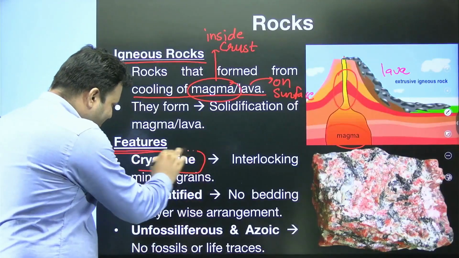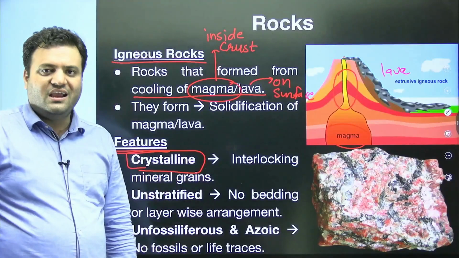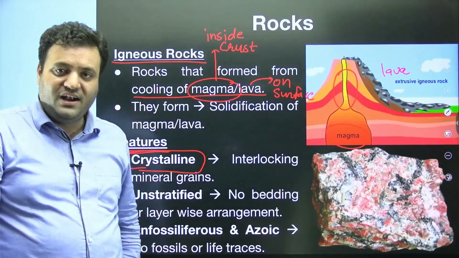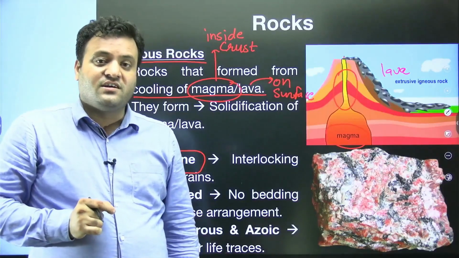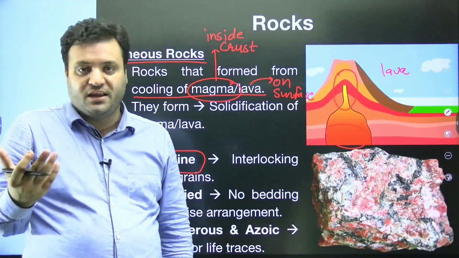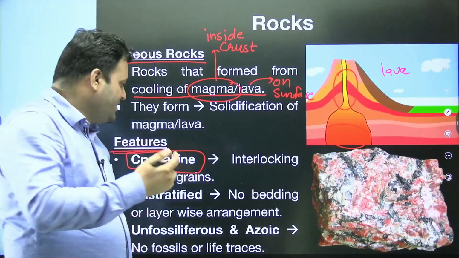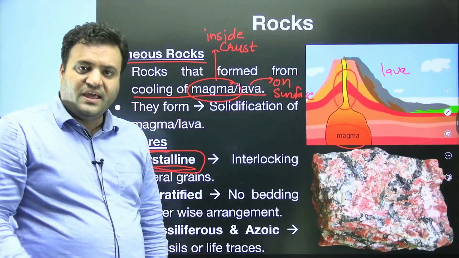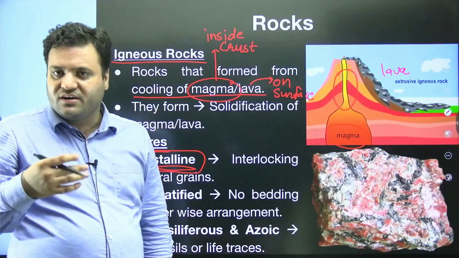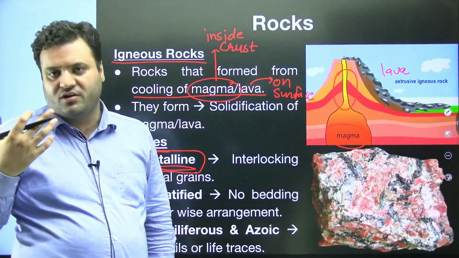First of all, crystalline in nature. Igneous rock will have a well developed crystalline pattern. The crystals would be there, and as the crystals are there, they will appear shiny. As a result of crystalline appearance, they are hard. When you have a crystal structure, you have hardness.